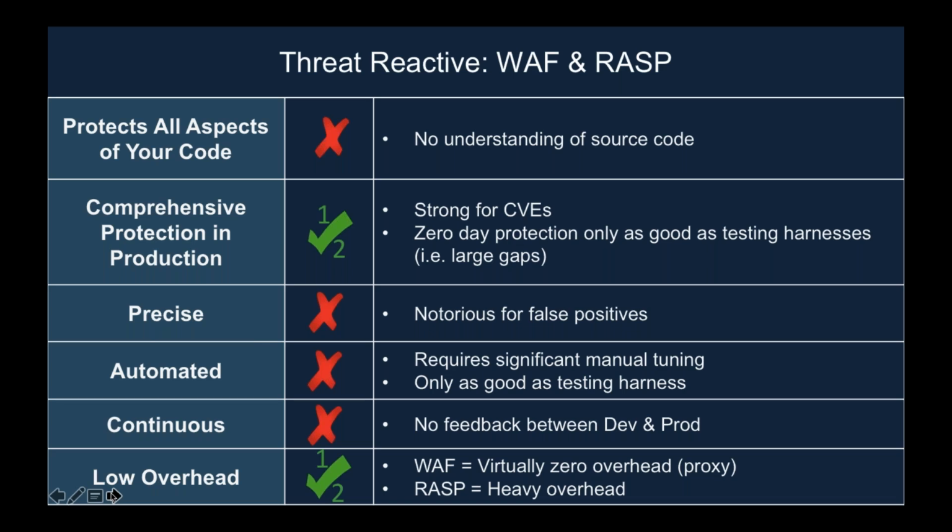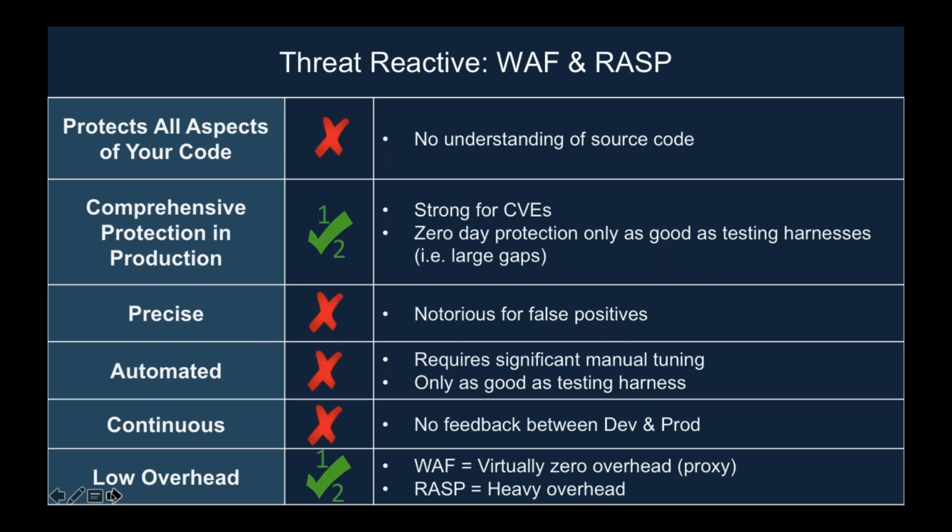This is great for CVEs because, again, they're based on modeling or codifying threats into signatures. These are outside-in approaches, or modeling the behavior of an application based on the test harness. This approach, the CVE or threat-based approach, or relying on your test suite or a QA environment, leads to a higher number of false positives. It requires significant manual tuning because, again, one of the challenges of existing security solutions is being able to tune them constantly for new threats as they come out.